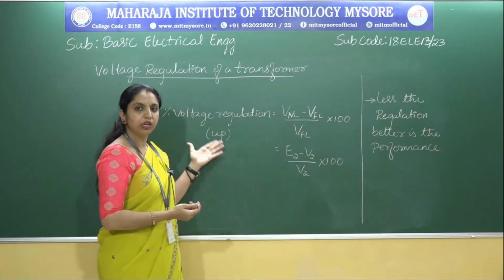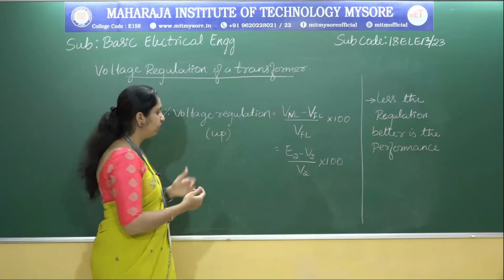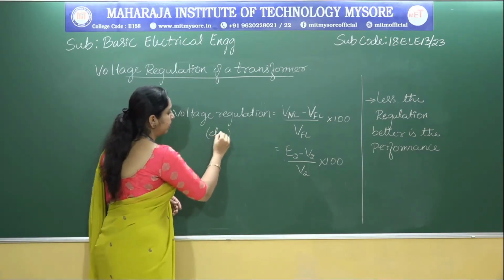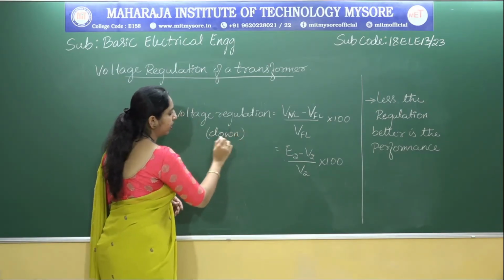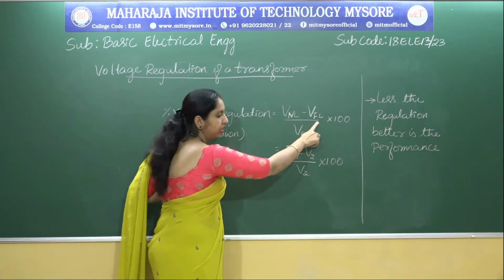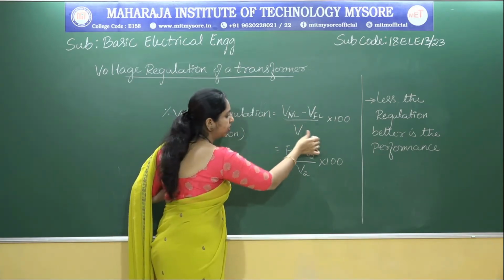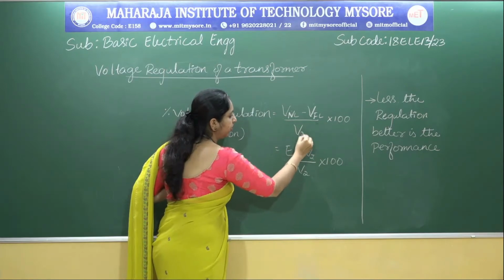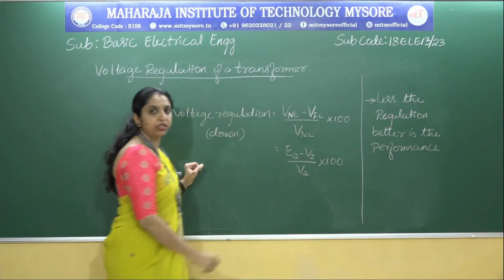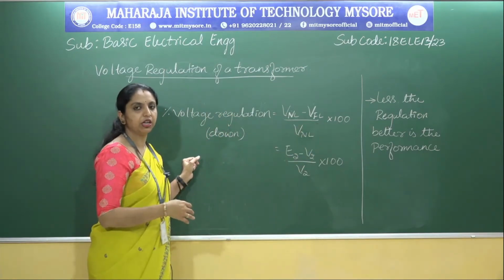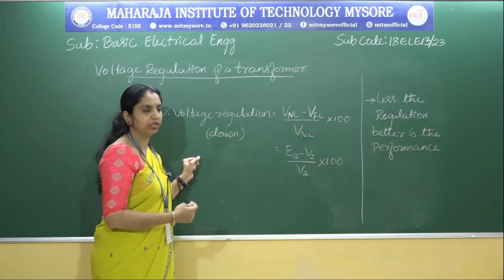Similarly, we can also have the same expression for down regulation. The numerator remains the same, but in the denominator, instead of full load, we will have no load. This is the only difference between up voltage regulation and down voltage regulation.